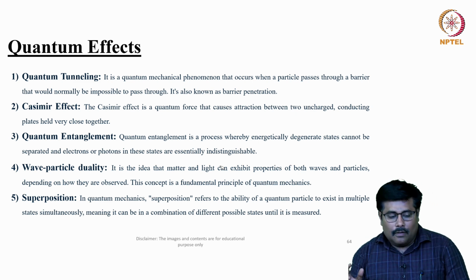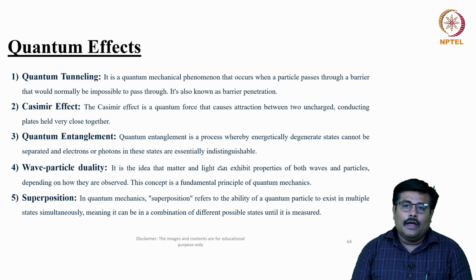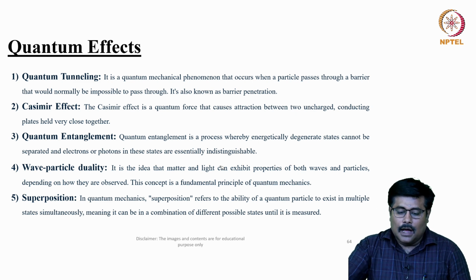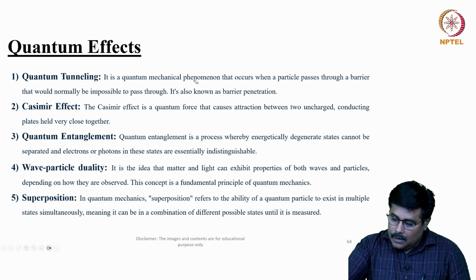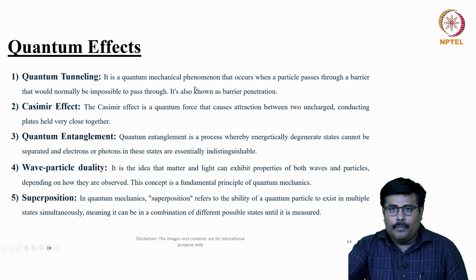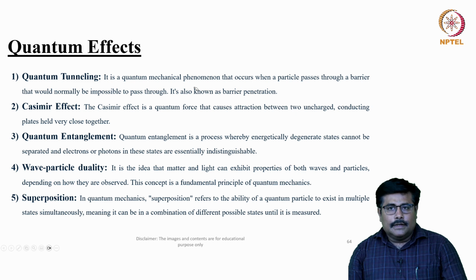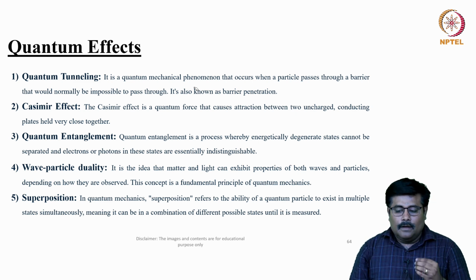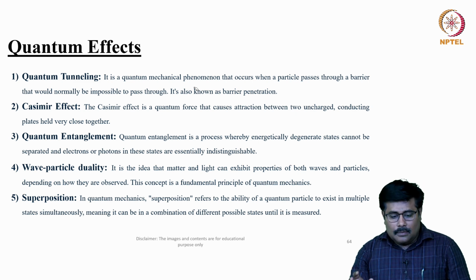Next, we have quantum entanglement, a process whereby energetically degenerate states cannot be separated, and electrons or photons in these states are essentially indistinguishable. Next, we have wave-particle duality. It is an idea that matter and light can exhibit properties of both waves and particles depending on how they are observed.